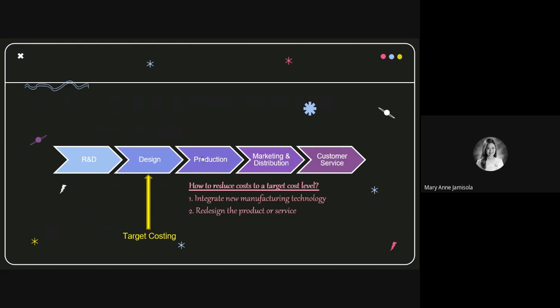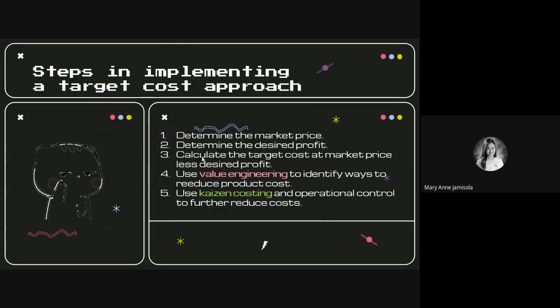Many firms actually employ both methods, which are operational control to achieve productivity gains and target costing to determine low cost design. So, how do we implement a target cost approach? So these are the steps in implementing a target cost approach.